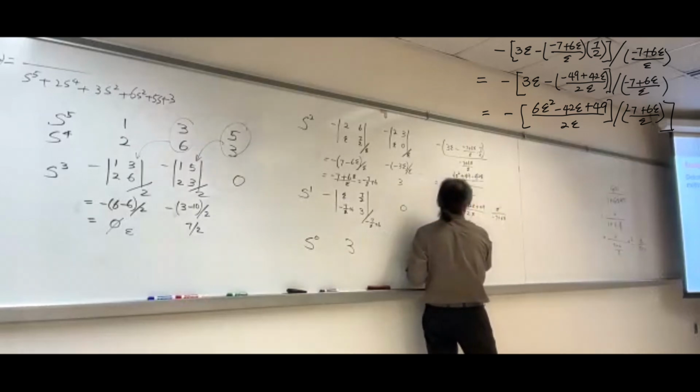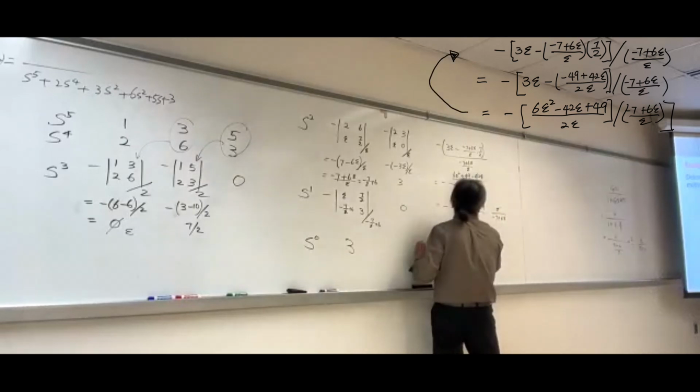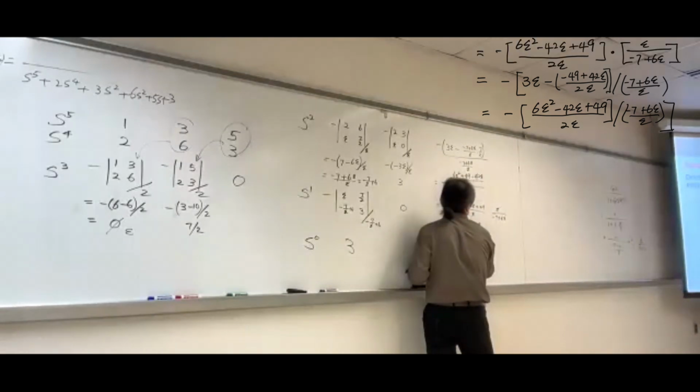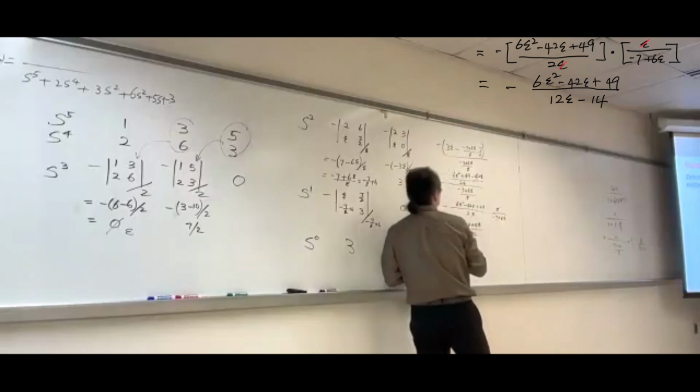Negative 6 epsilon squared minus 42 epsilon plus 49 over 12 epsilon minus 14.